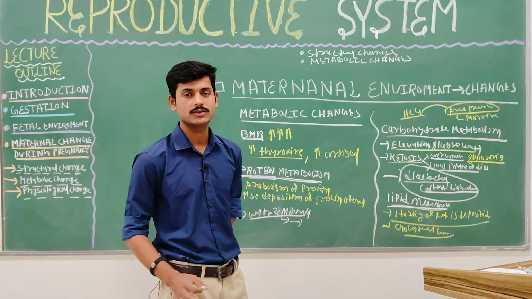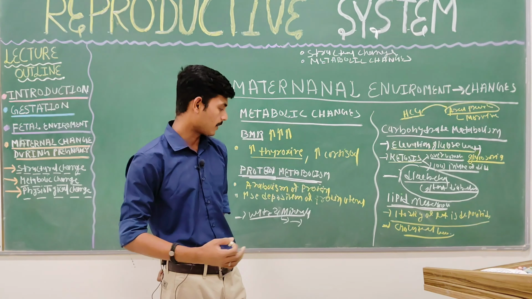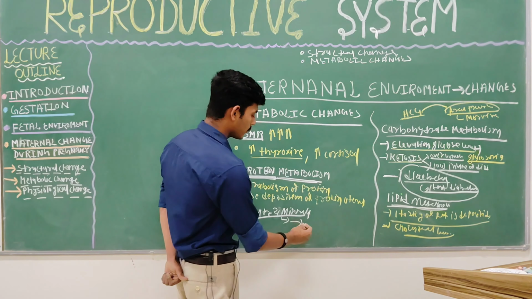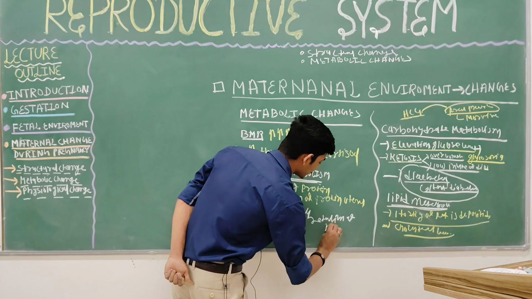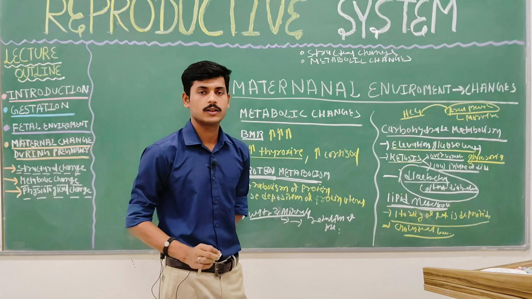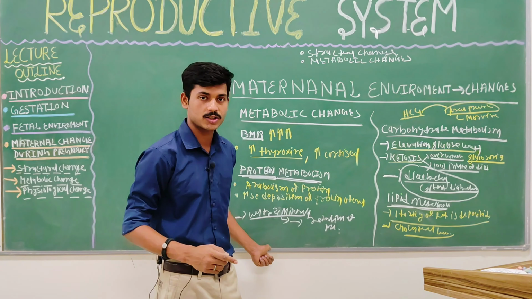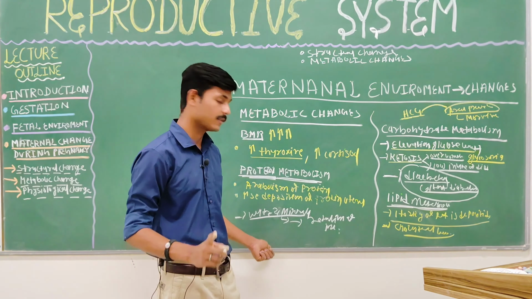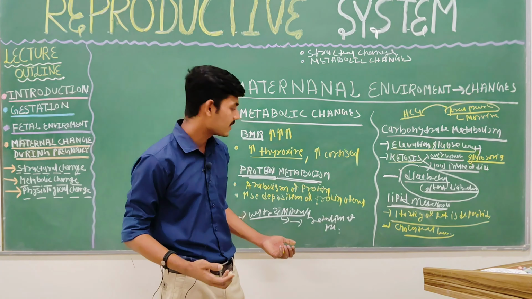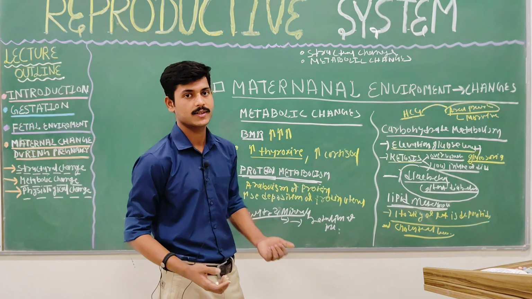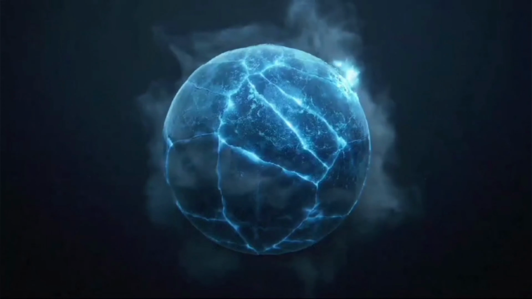This aldosterone hormone is meant for retention of sodium and other ions, so there is a retention of ions. Although during the first trimester the females have more micturition and more urine, afterward there is more retention of these ions, because they are very much necessary for the developing fetus.